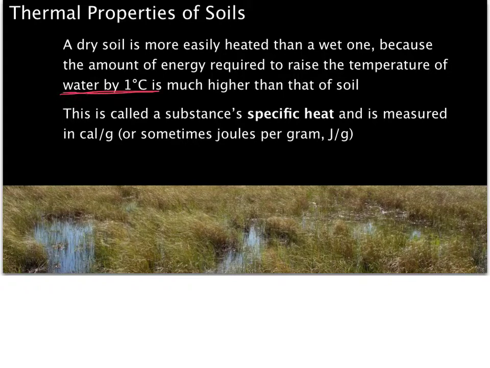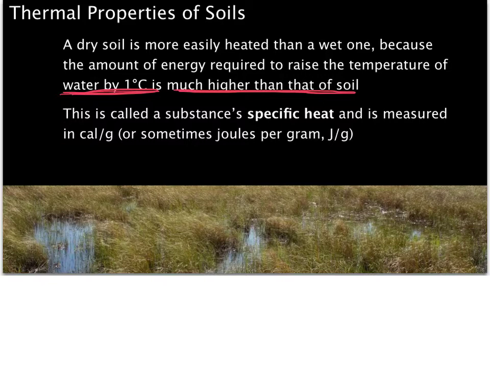Okay, so we have to put a lot of energy into heating a cubic centimeter of water 1 degree C. That takes a certain amount of energy. And if we compare that amount of energy with the amount of energy it took to raise a cubic centimeter of soil 1 degree C, the energy it takes for water is much more.